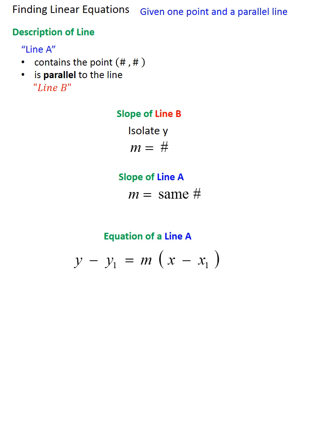You'll then use the point slope formula of a line by taking these three numbers and plugging them into these three places, doing some algebra, and converting to the form that's requested of you. And that completes the second of 3 videos.